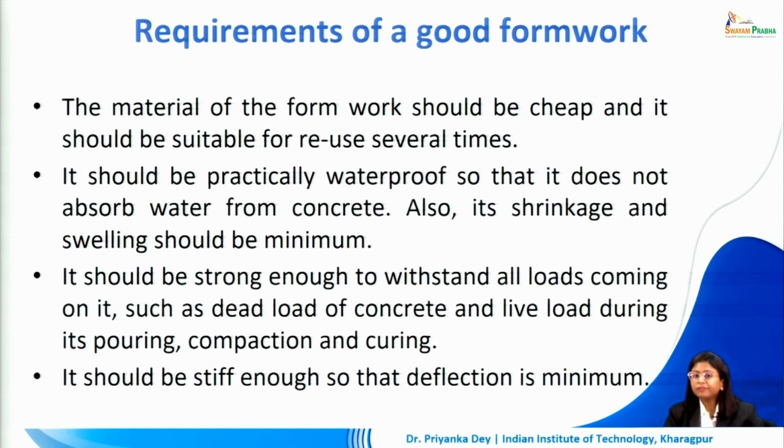It should be stiff enough so that deflection is minimum. Otherwise, the shape of the structural member we are creating will be altered. We do not want a column which has slight bulge in the center or the slabs having some form of sagging. So, to prevent that, we have to ensure that our formwork does not undergo too much deflection when the weight of cement that is being poured into it is added.